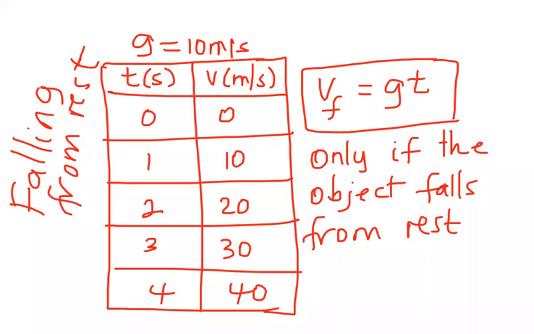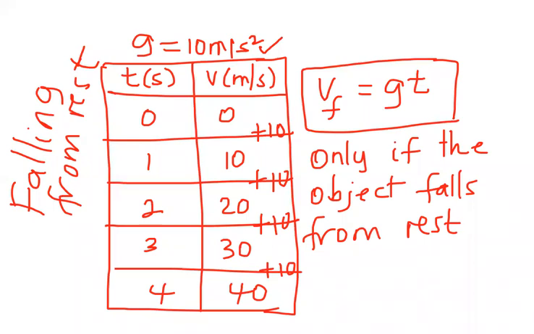Then after 1 second of travel, the instantaneous velocity will be 10. At 2 seconds, instantaneous velocity will be 20. At 3 seconds, 30. So as you can see, I keep on adding plus 10. I'm doing this because I know that acceleration due to gravity is 10 meters per second squared.